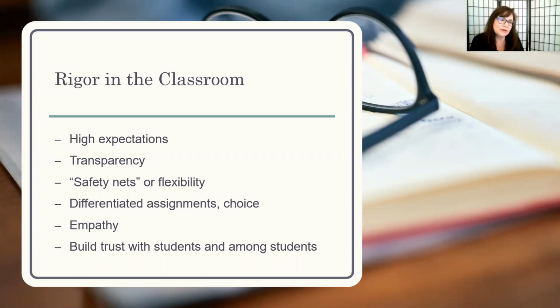And also a little bit of empathy. Sometimes it does take students a few more tries. I know I was that student when it came to math. I needed more attempts, I needed more time, and I'm so thankful I had a teacher that gave that to me and allowed me that extra time and extra attempt at certain things.